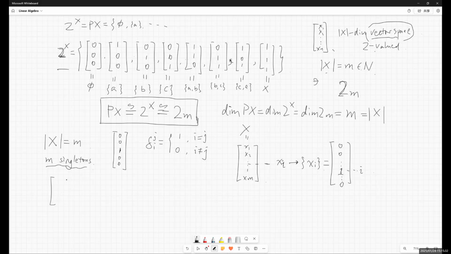We have x1 equals 1, 0, 0, and x2 equals 0, 1, 0, and so on, xm equals 0, 0, 1.